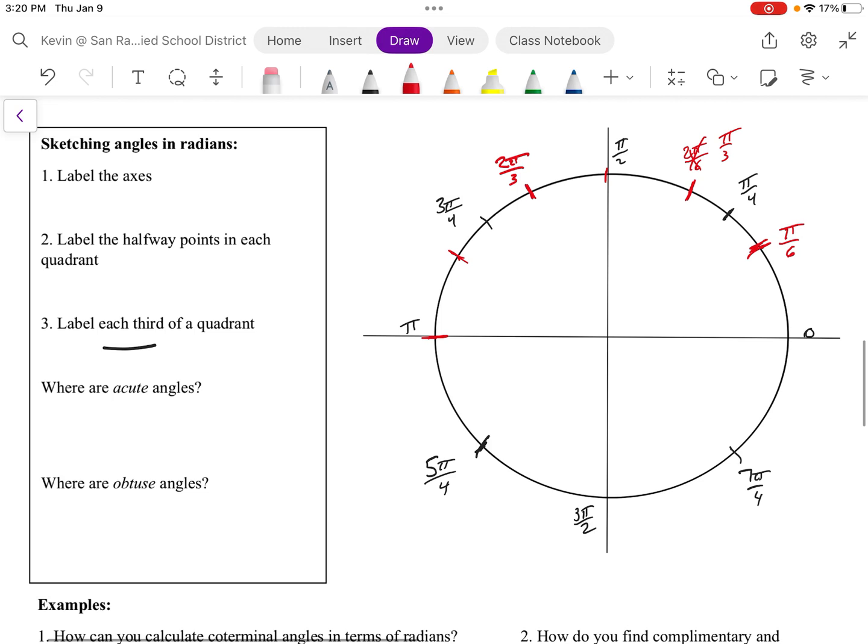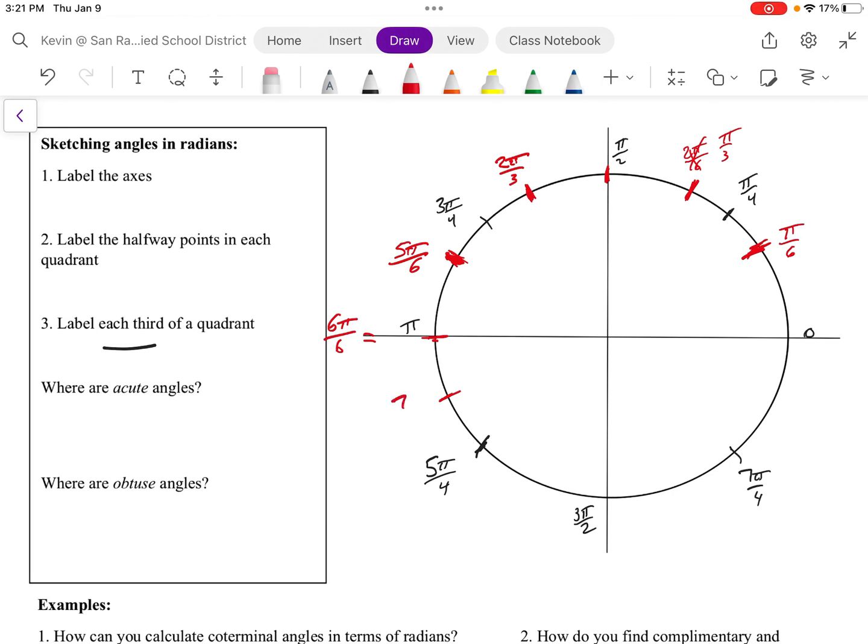And then we know this one here is our 5 pi over 6. So we have 1 pi over 6, 2 pi over 6, 3 pi over 6, 4 pi over 6, 5 pi over 6, and then 6 pi over 6 or pi, right? 6 pi over 6 equals pi.